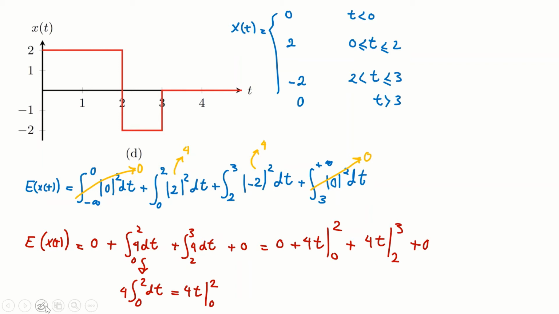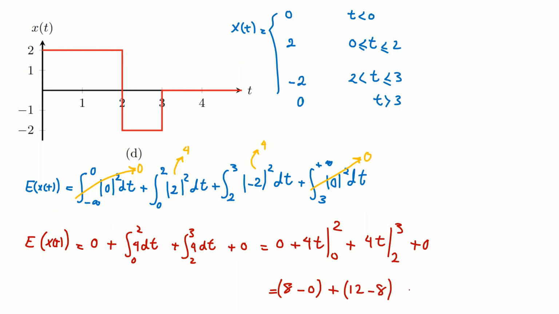If I calculate this, then you would have 8 minus 0 plus 12 minus 8, that equals 12.